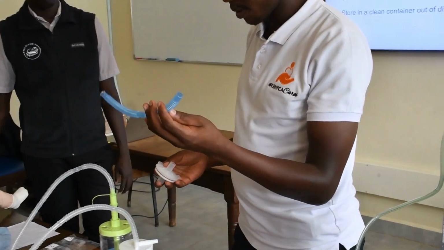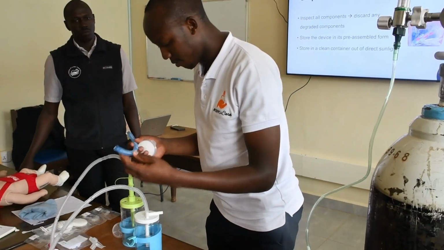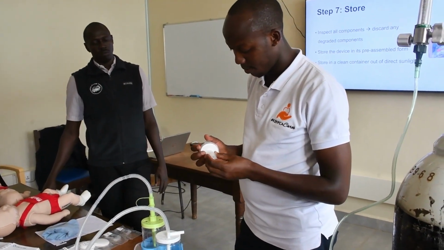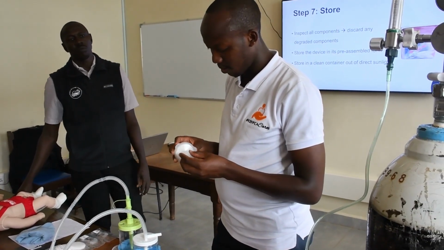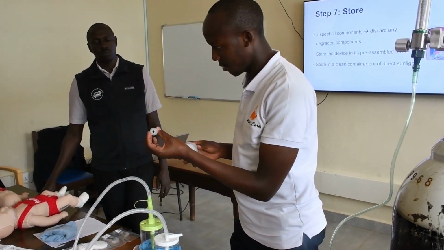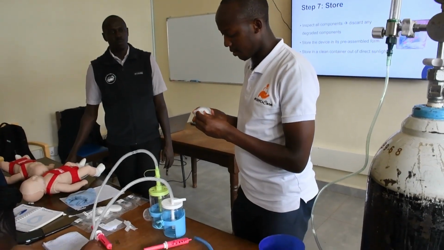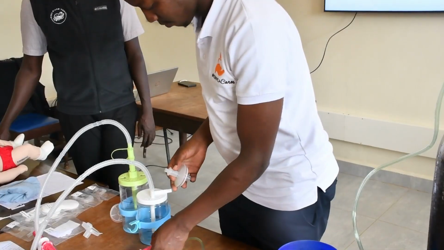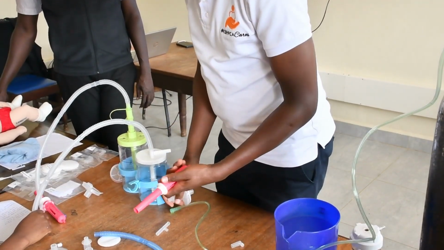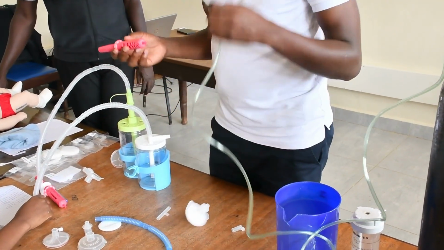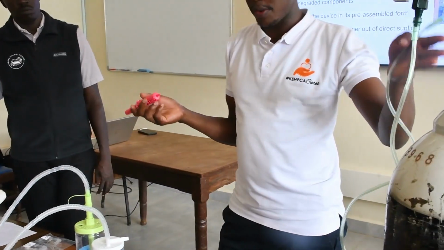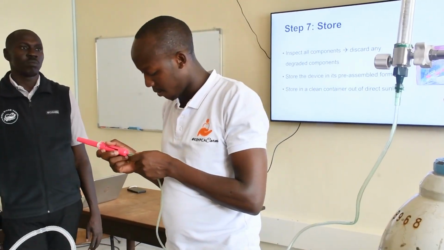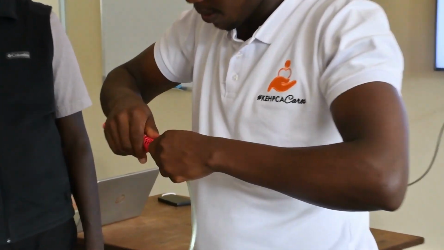Here we have the tubing. What's this? Rotate, right? So we connect our oxygen source from this tubing to our blender. Make sure it fits well.